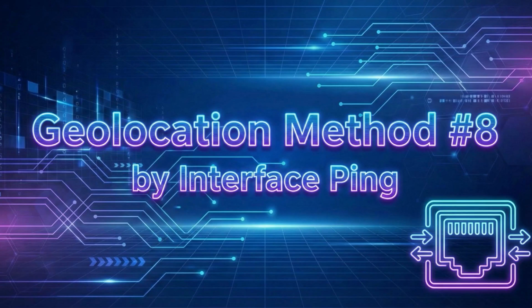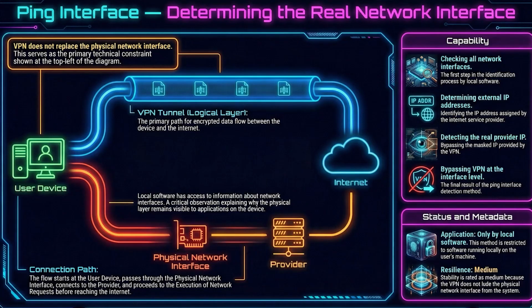This is the so-called geolocation technique using interface ping. I would like to say right away that this technique is not available for web resources, but it is available for browsers. So let's imagine that you are running a VPN on your PC, and even after that you go to some checker site, which shows that you are really in the United States and everything is okay.